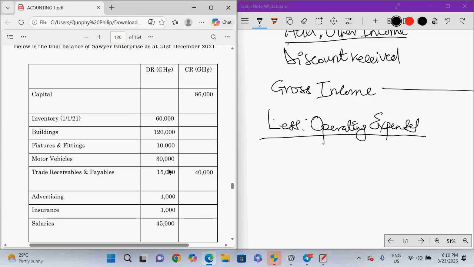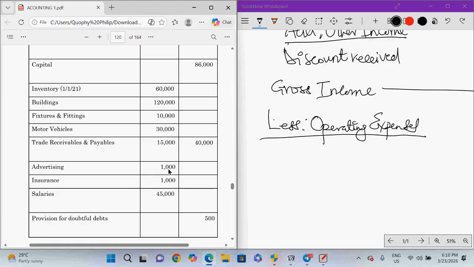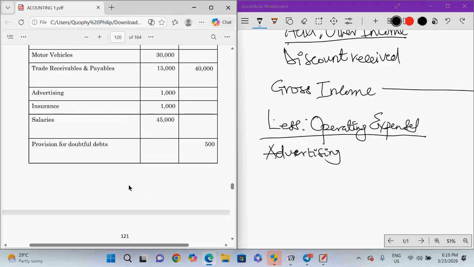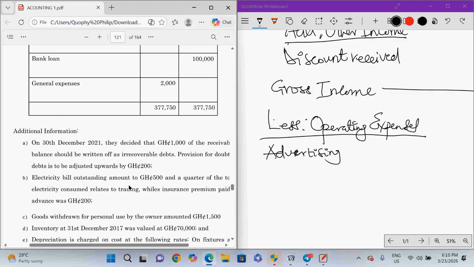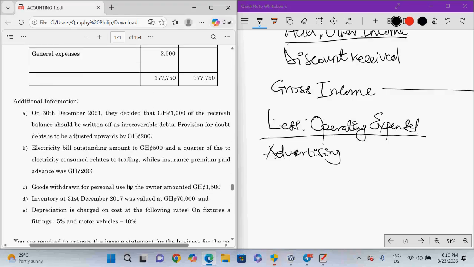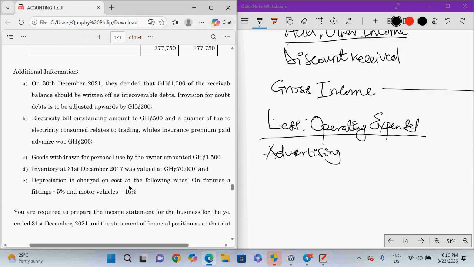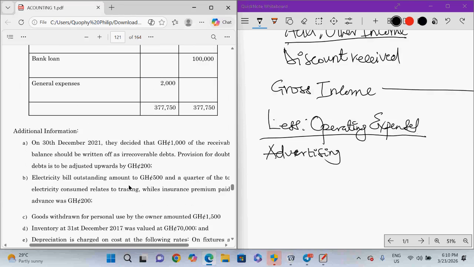Capital, inventory, buildings, fixtures and fittings, motor vehicles, receivable, payable, advertising. Any additional information on advertising? Let's go and check. Anything on advertising?